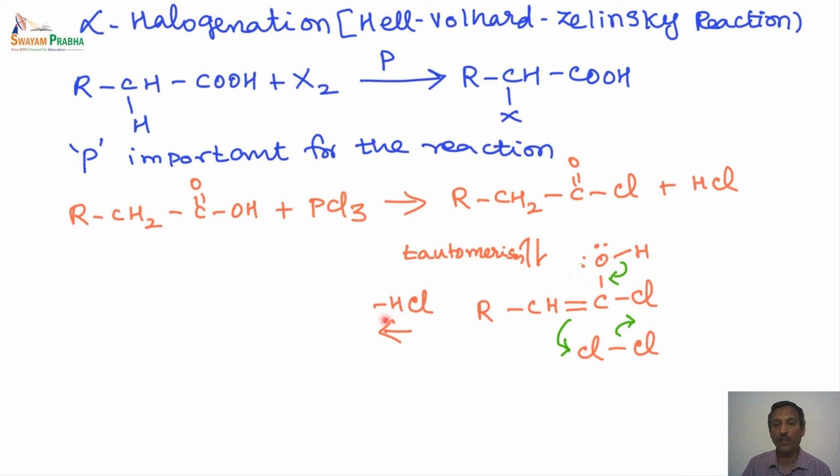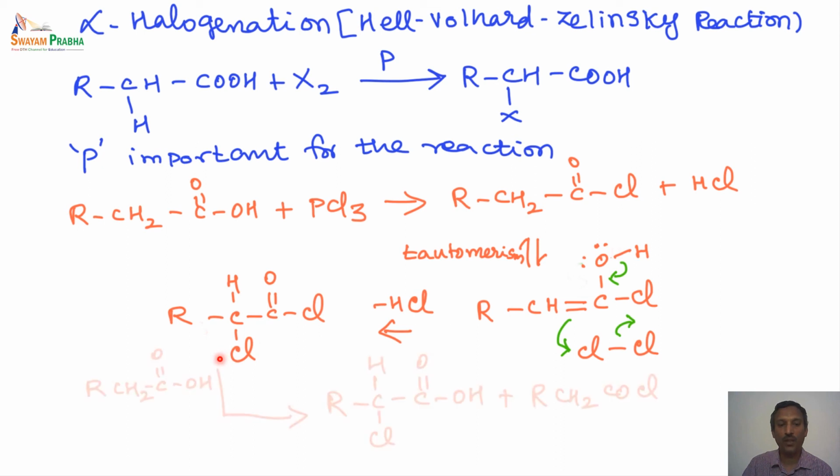So these two combine to give HCl, that is, a loss of HCl from this intermediate produces this halo acid chloride. This halo acid chloride, on treatment with another molecule of a carboxylic acid, produces the carboxylic acid and RCH2COCl.